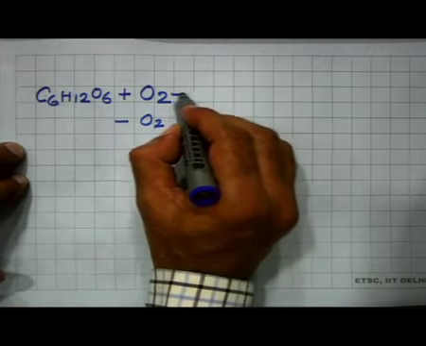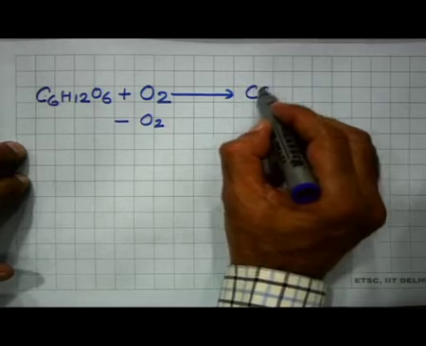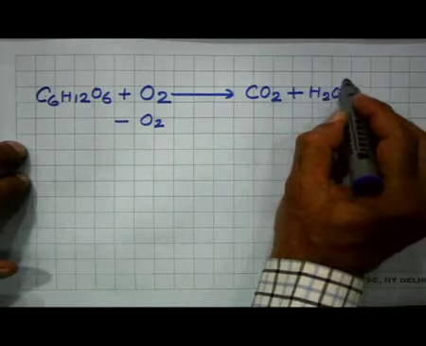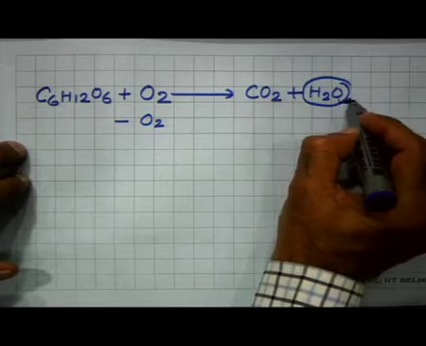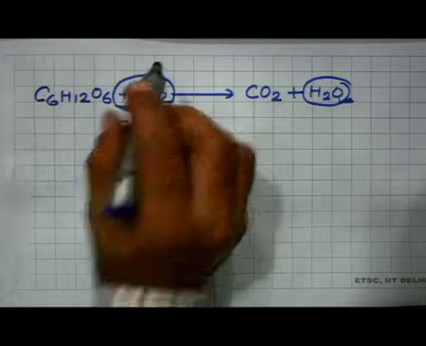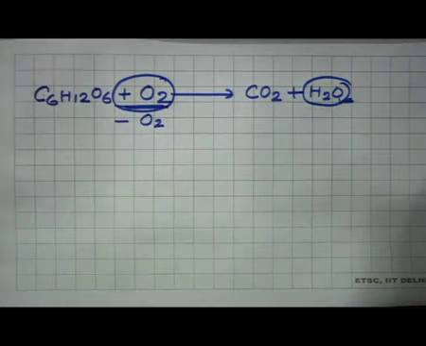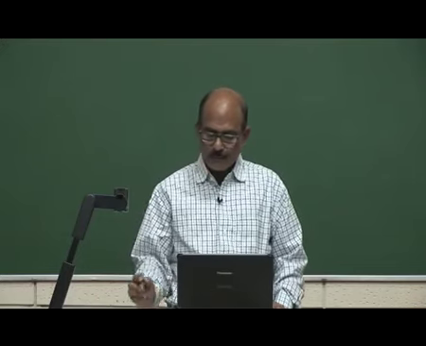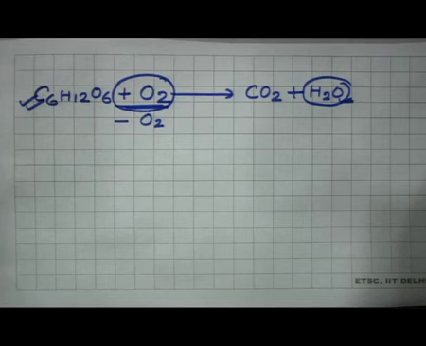When it combines with oxygen, the result is carbon dioxide and water. This water is the ultimate product when oxygen is present. So, from this reaction you can easily answer it.